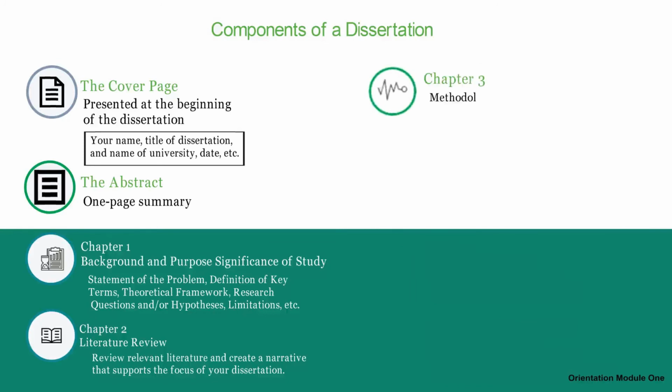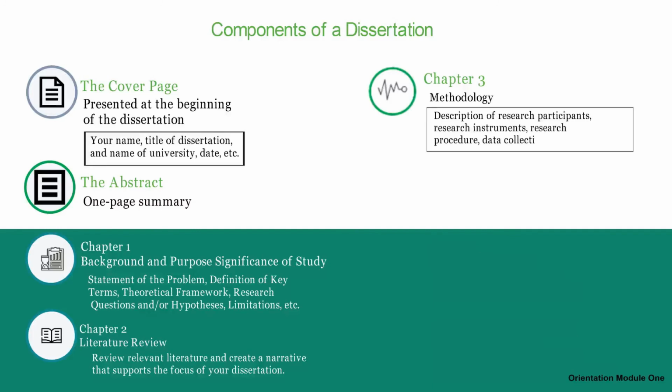Chapter 3 is the methodology chapter and contains a detailed description of how the study will be conducted. This includes description of research participants, research instruments, research procedure, data collection, and data analysis.